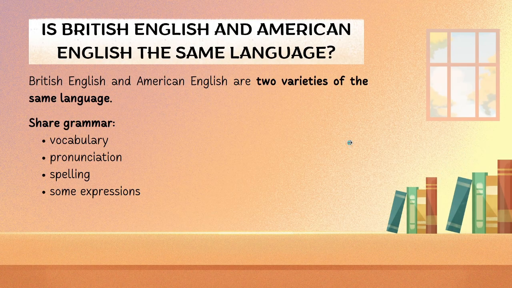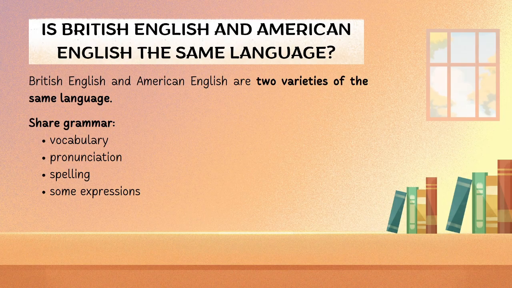Now, are British English and American English the same language? Yes. The short answer is yes, but they have differences. British English and American English are two varieties of the same language.